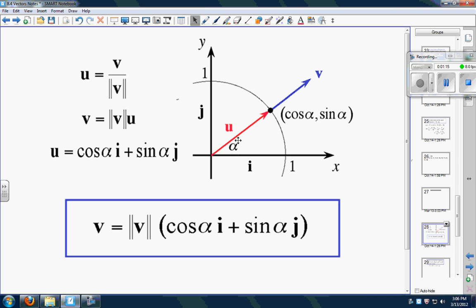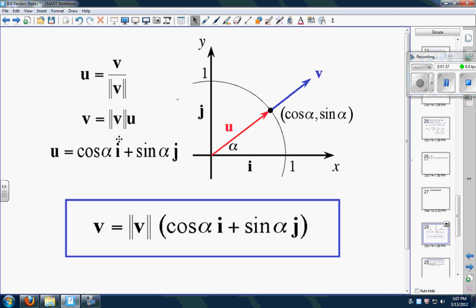If we tilt this up some alpha here, this vector has a cosine alpha component and a sine alpha component. That's just like everything we've been doing this year with x's and y's, basically solving for the two components, the x and the y.